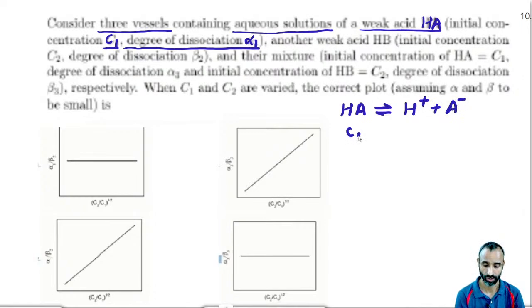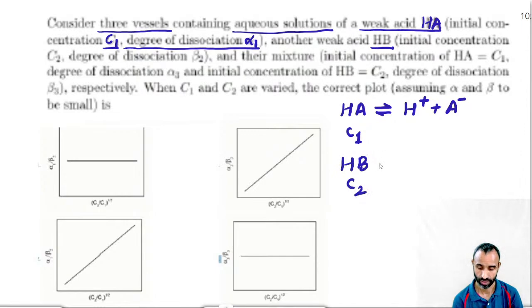Its concentration is given as C1. And another weak acid is HB. Its concentration is C2, giving H plus and B negative, and its degree of dissociation is beta 2.